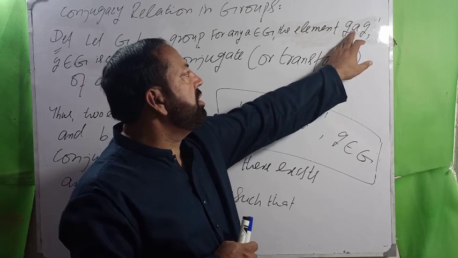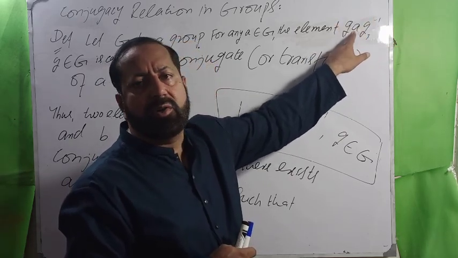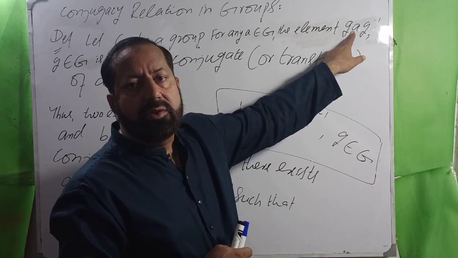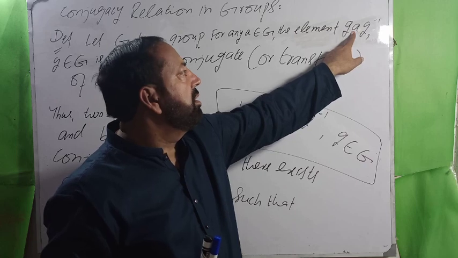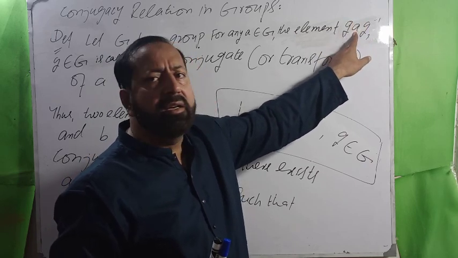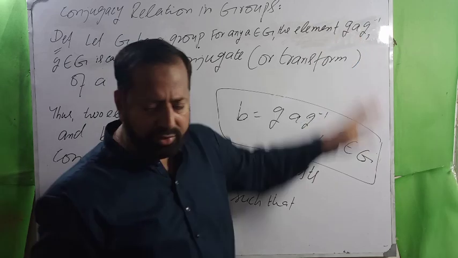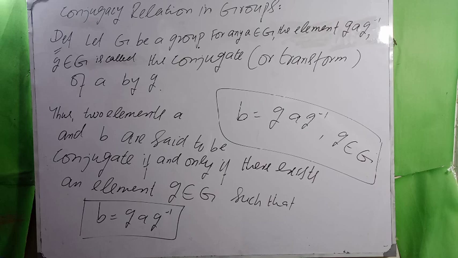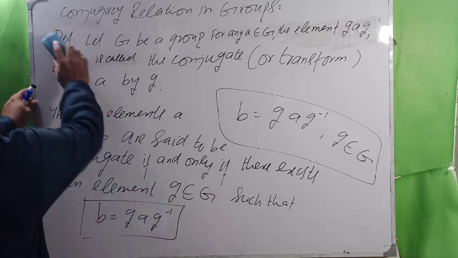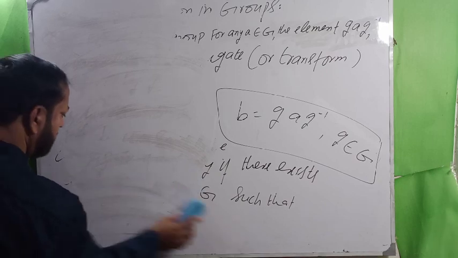This g a g inverse is called conjugate to a. So whenever you want to find a conjugate element of an element a by an element g, you find this g a g inverse. Okay, so my first remark is, can you find this? This is so easy. We can find this.